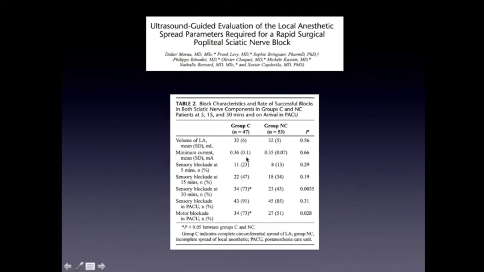If you perform the block after its branching, you will have a shorter onset, because the diameters of the terminal branches are smaller than the major sciatic trunk before its branching.